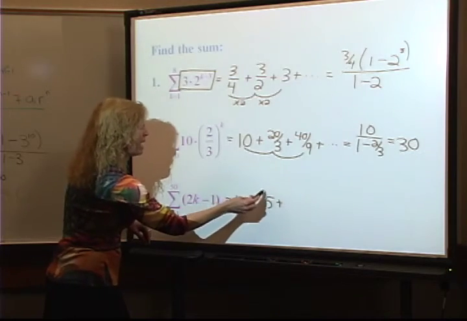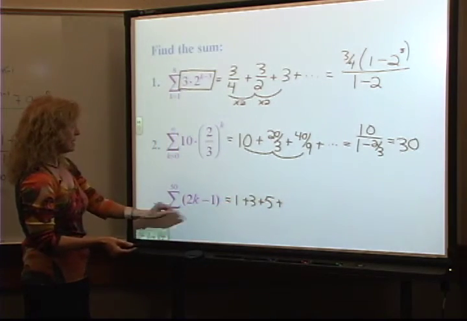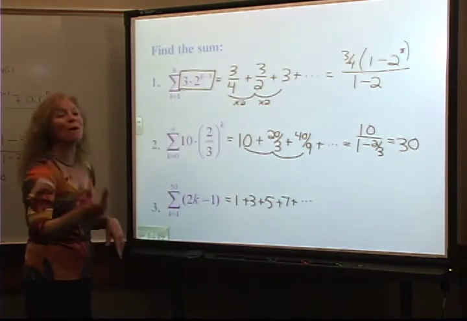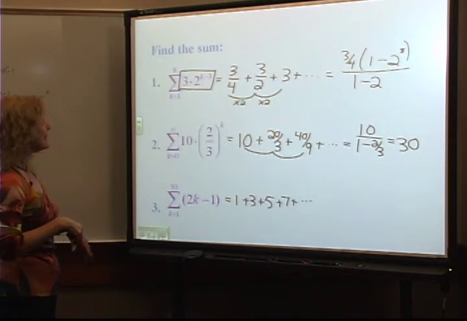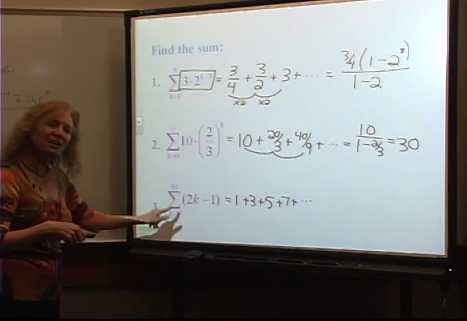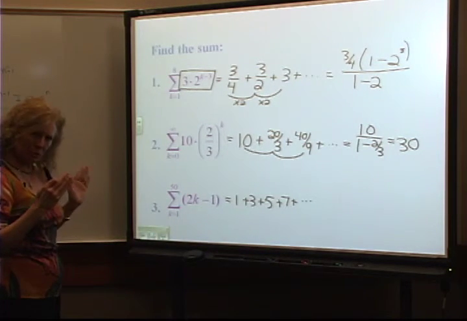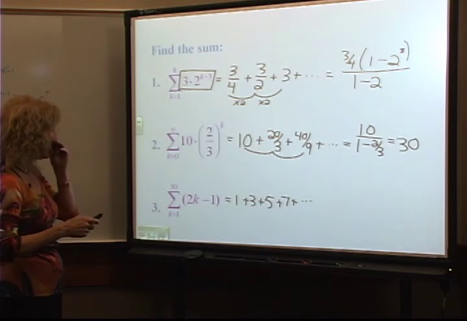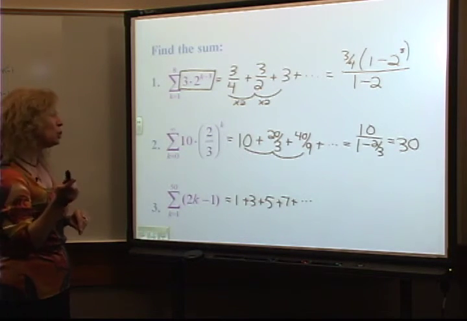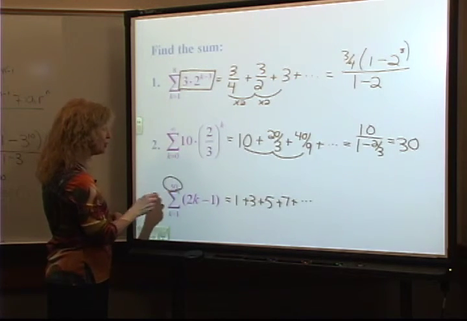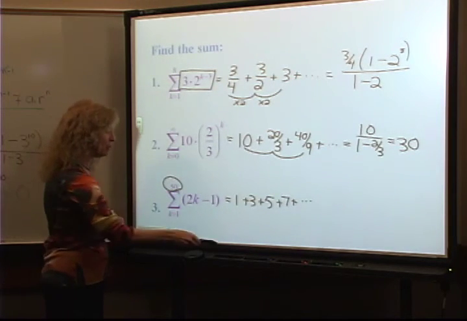I'd add 2, add 2. Is the next one 7? Yeah, it is. Oh, I pulled a slick one on you. This one is not geometric. That's why you've got to take some time and write these out, take a look at them. Then I want you to go back and look at how to find the sum of the first 50 terms of this arithmetic.